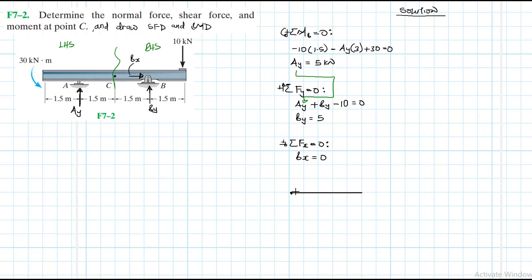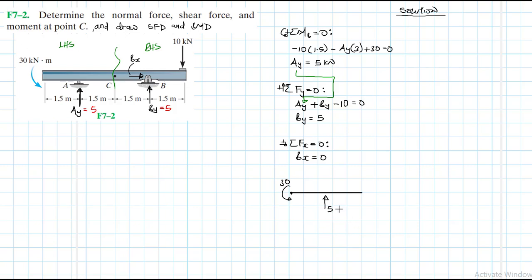So we have a couple there, which is a 30, and then we have a support reaction there. So let's label this. We have AY. We said AY is 5 and BY is 5.